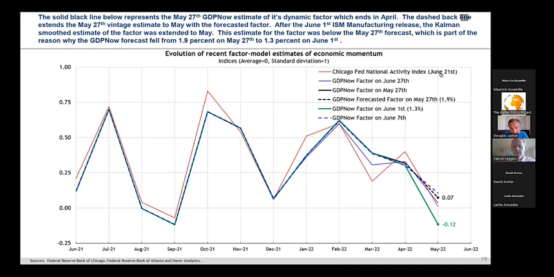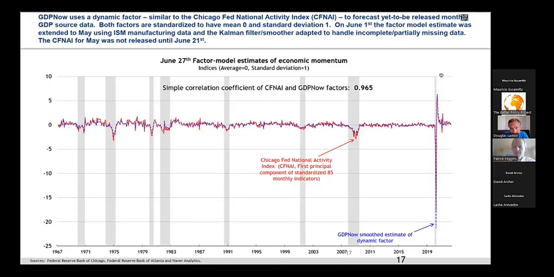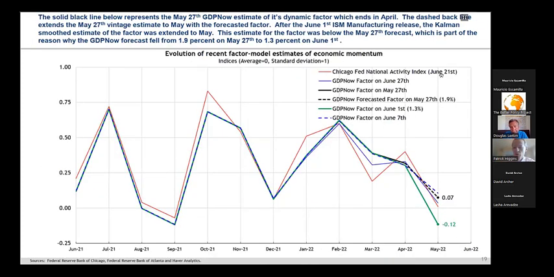So this is essentially because this factor is dominated by what happened in the 2020 recession. This just focuses on the last year or so and shows the evolution of the factor over different vintages here.